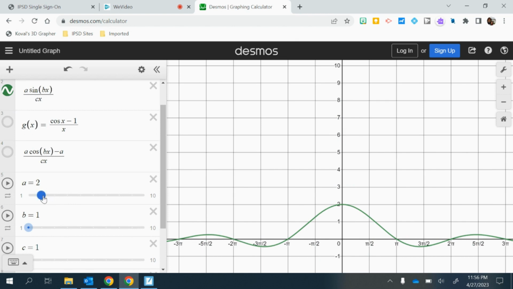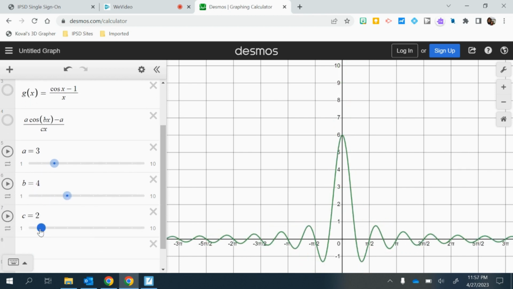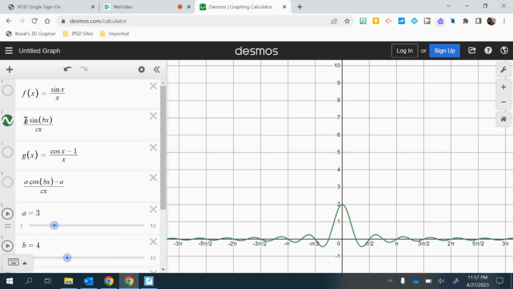If we manipulate this enough, say this is 3, this is 4, and let's make c 6, it approaches 2. It appears that I can multiply a and b and then divide by c.